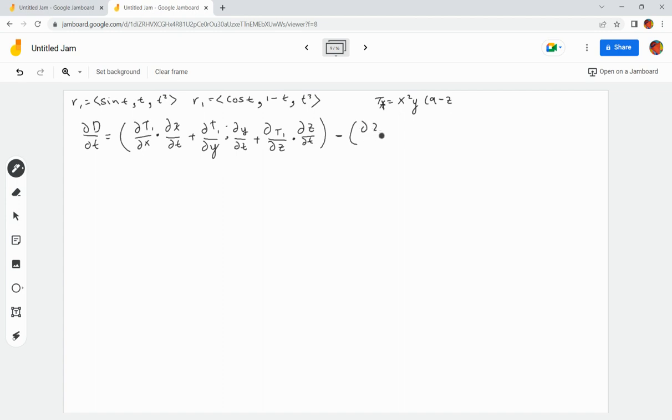Minus dt2 divided by dx multiplied by dx divided by dt plus dt2 divided by dy multiplied by dy divided by dt plus dt2 by dz multiplied by dz divided by dt. Cancer problem here. Such a very toxic problem indeed.